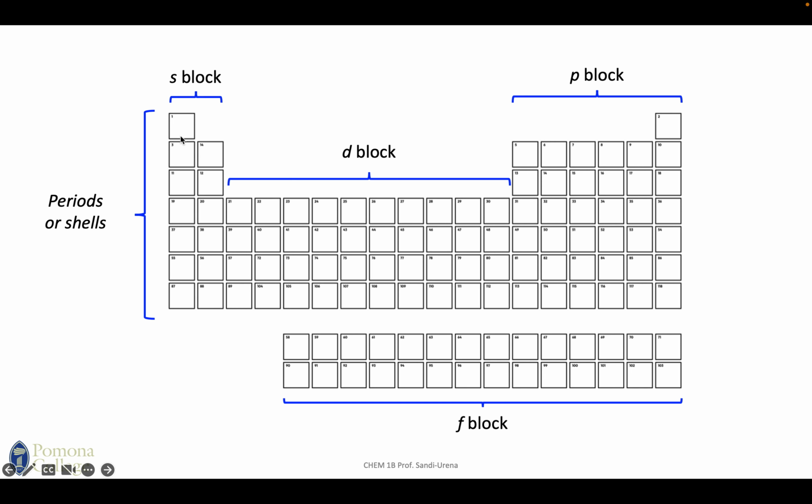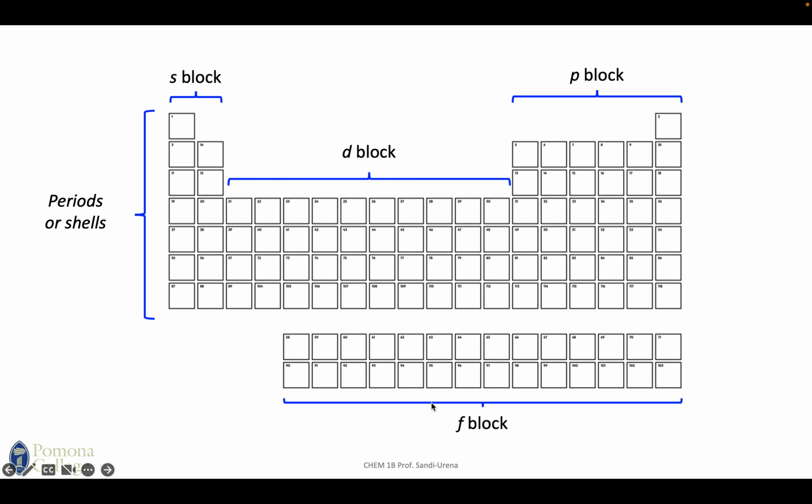We call the first two columns, and each column is a group or a family, the S block. The 6 columns all the way to the right, we call the P block. These 10 columns of 4 elements each, we call the D block.